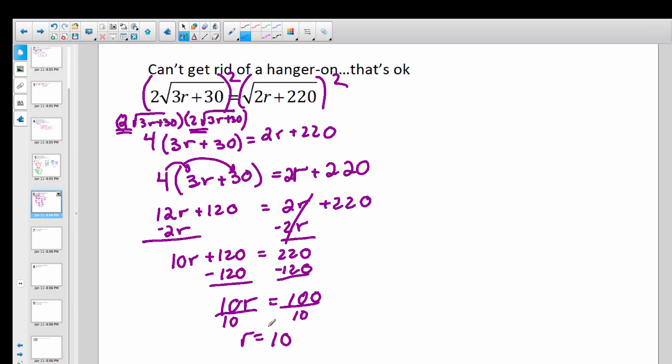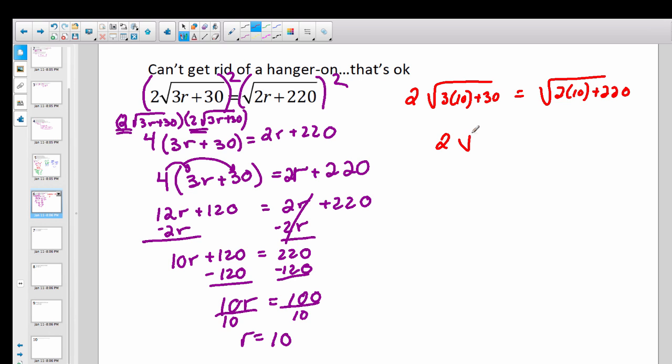Now, that may or may not be true, so we go to the original question and we plug in 10 for r. Now, is this true? So 2 times the square root of 30 plus 30, which is 60, are you equal to the square root of 20 plus 220, which is 240?